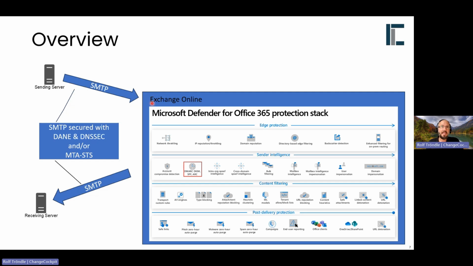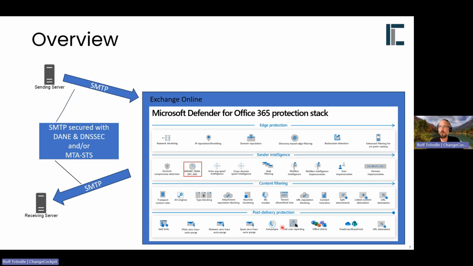About sending email, I always use Exchange Online as the receiver because ChangeCockpit is about Microsoft 365 customers. Microsoft 365 customers have their mailboxes in Exchange Online. And we are talking about sending out of Exchange Online to another receiving server.